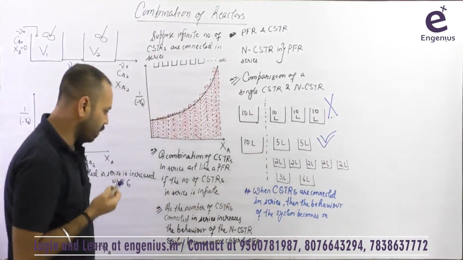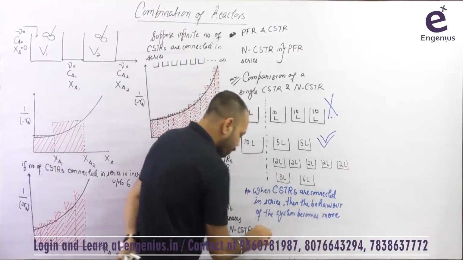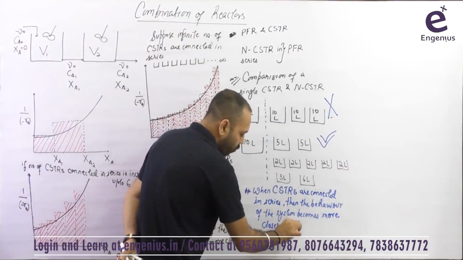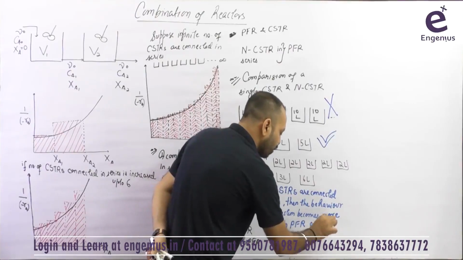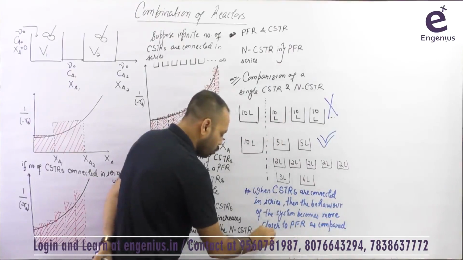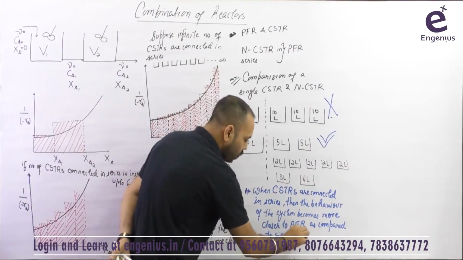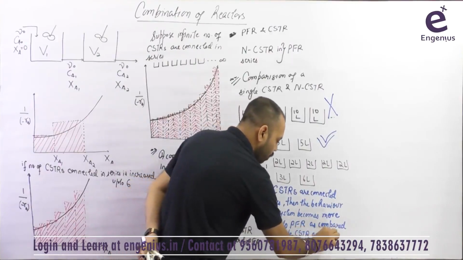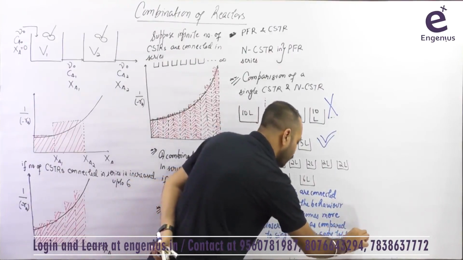When CSTRs are connected in series, then the behavior of the system becomes more closer to PFR, as compared to a single CSTR of the same total volume. That is the idea here.